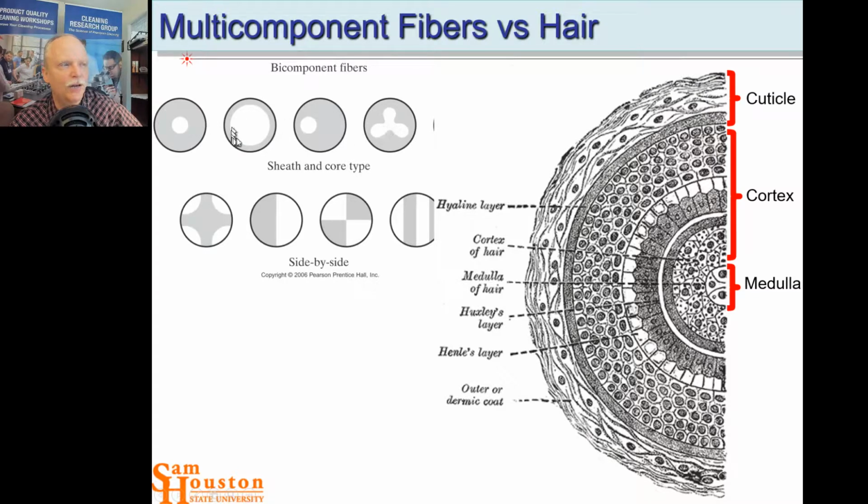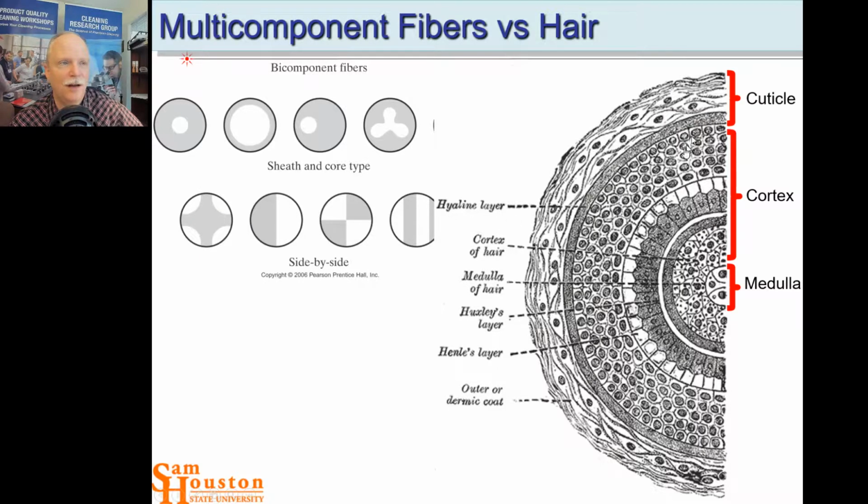And so the cross section, even though these fibers may have the same external dimension, if you look at it under a microscope, you might see some complexity there. Even some other more complex extrusions here. But in terms of our synthetic fibers, this is considered a complex fiber. Compare that to what nature produces.